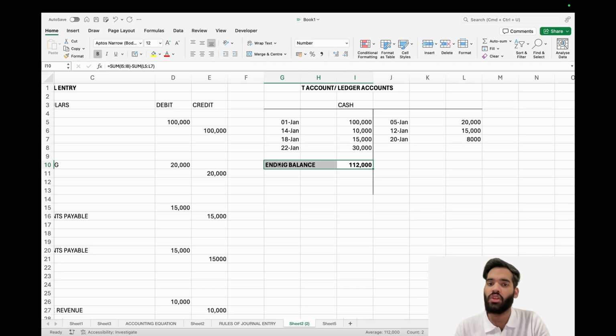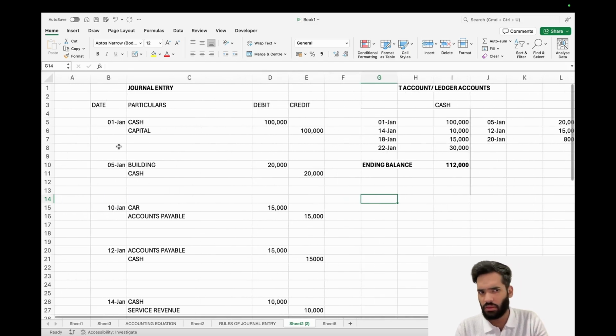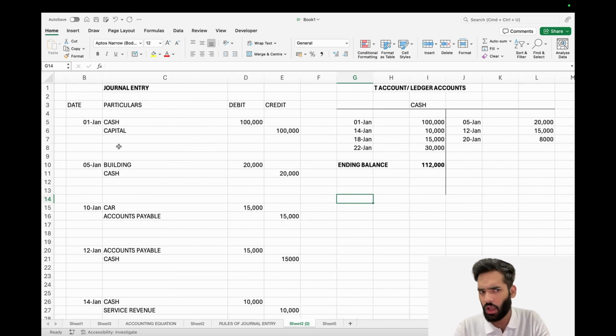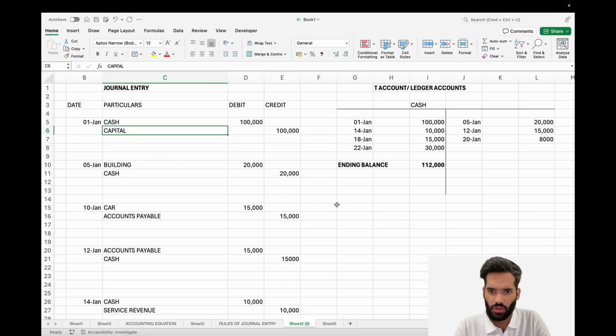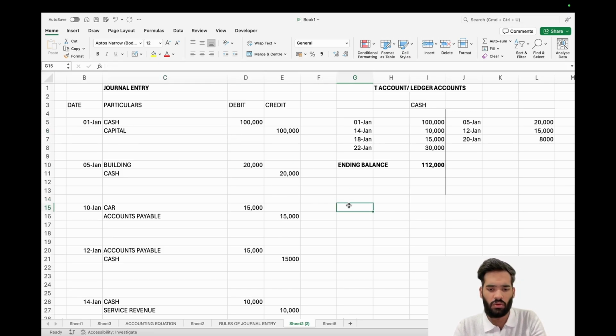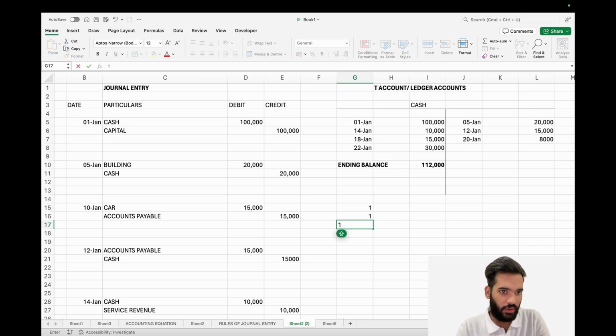Now, like we said, you need to make this T account for each of the accounts separately, because I do need to know how much of each account I have. It's not just cash. So let's make more accounts, but the good strategy is always to first count how many accounts am I going to need. Okay, so we are going to need a capital account. So one account for capital, one account for building, one account for car.